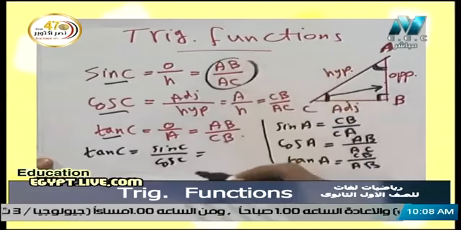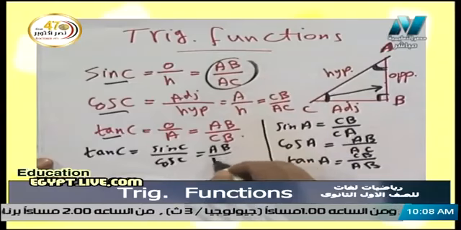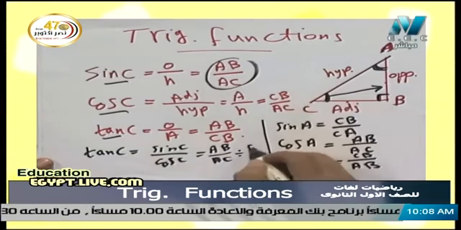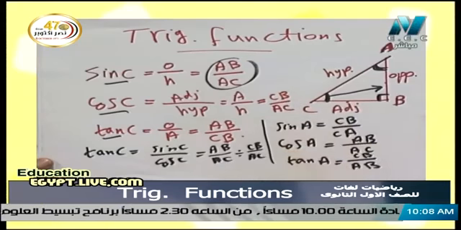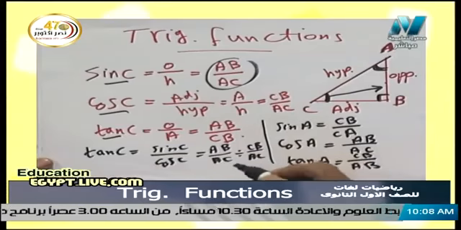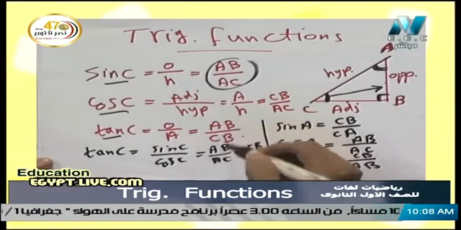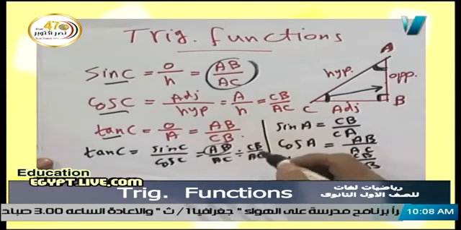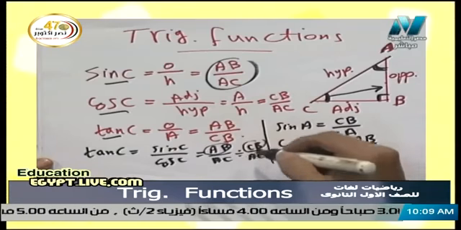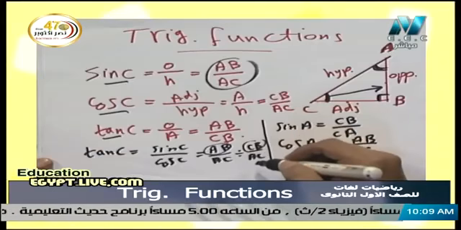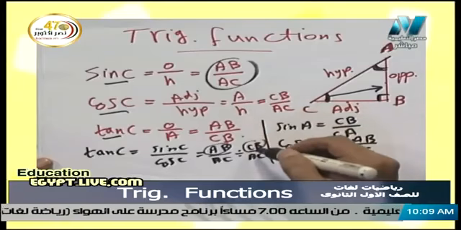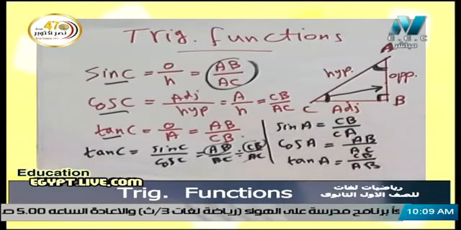We have sine C, AB over AC, divided by cosine C, which is CB over AC. Of course, here it equals AB over CB, because division turns into multiplication by the reciprocal of AC over CB, and AC cancels with AC.